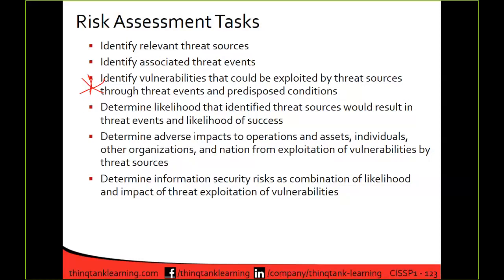Determine adverse impacts to your operations, assets, individuals, organizations, nation, if you're a nation state, for example, from exploitation of vulnerabilities by threat sources. Impact is important as well. The likelihood that an event occurs is important, but the impact to your organization is important.